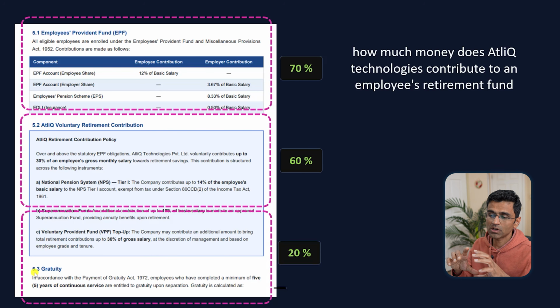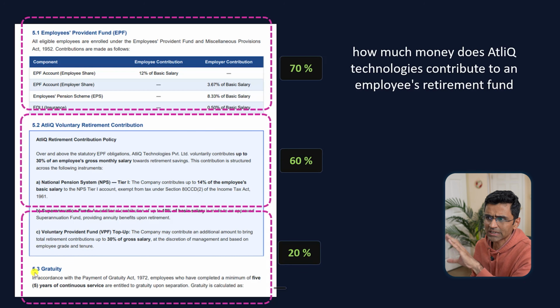Let's say a chunk contains information on when Atlic was founded, culture, founders, etc., then that doesn't have anything to do with the retirement question that you are asking. So the relevance of that chunk will be very, very low.